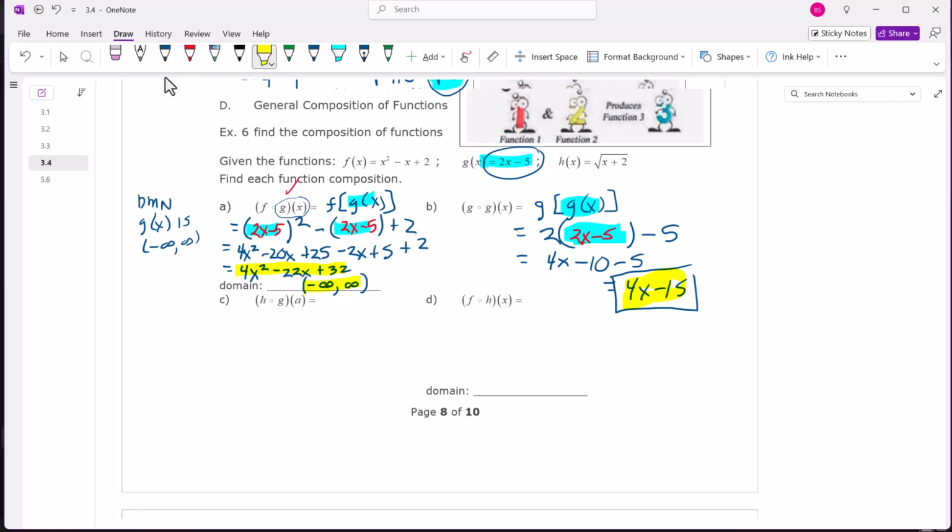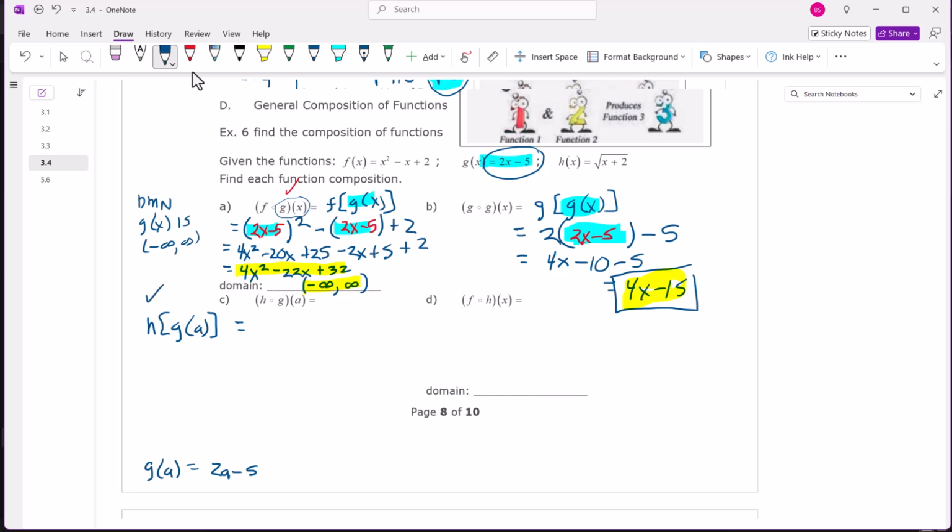The next one, I thought I had intended to change. I guess not. We'll just leave the a there. So we have h of g of a. The first thing is g of a. All that means is replace the x with an a, so that would be 2a minus 5.